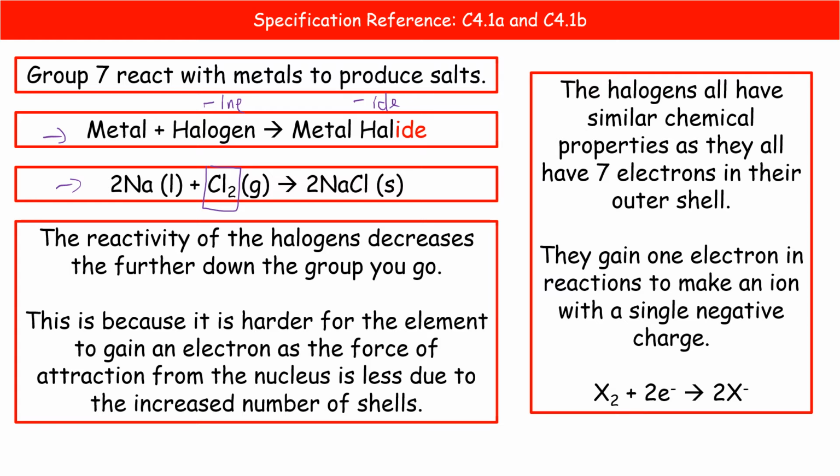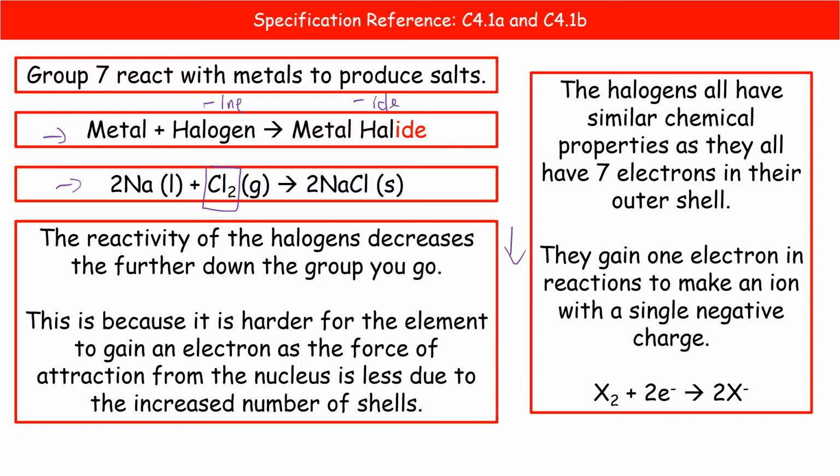In terms of the reactivity of our halogens, as we go down the group, then the reactivity decreases. So the further down they go, the less reactive they become. Opposite to Group 1, the alkali metals. The reason is that as we go further down that group, we've got more shells before we get to the outer shell, and that means the outer shell electrons are further from the nucleus.